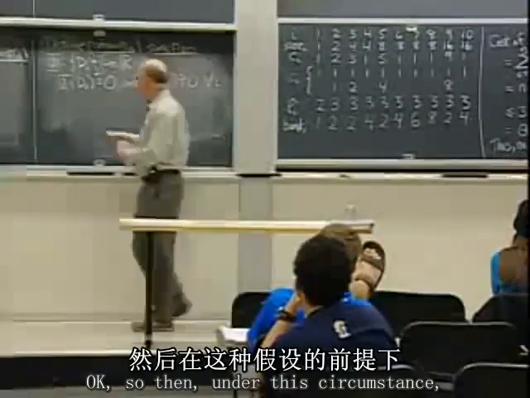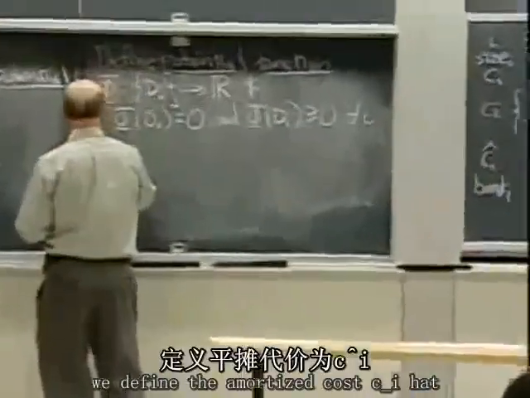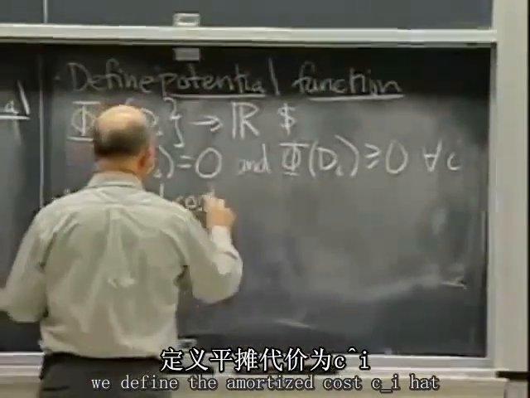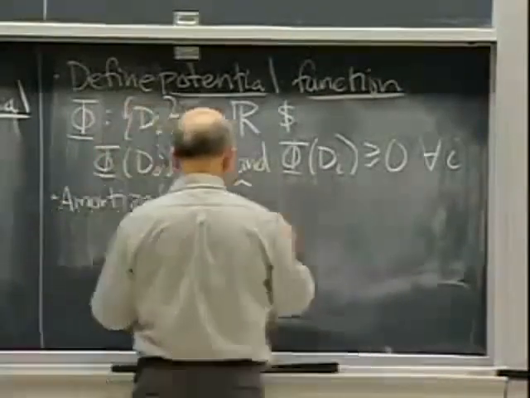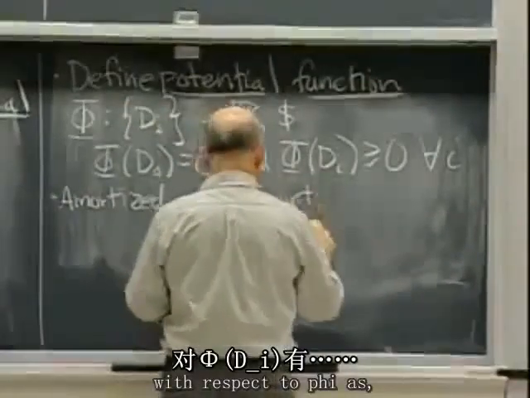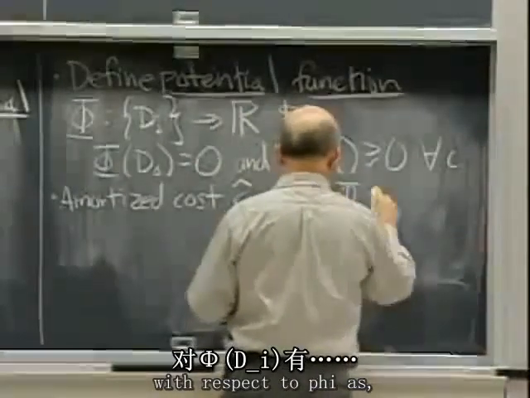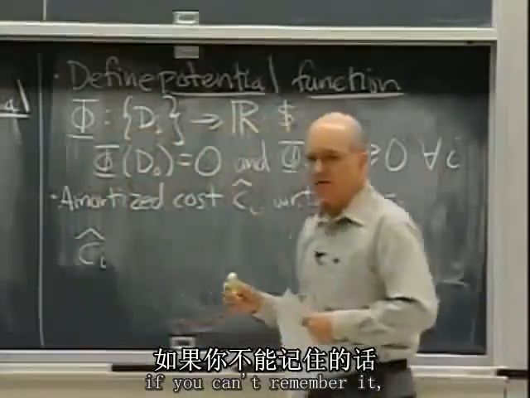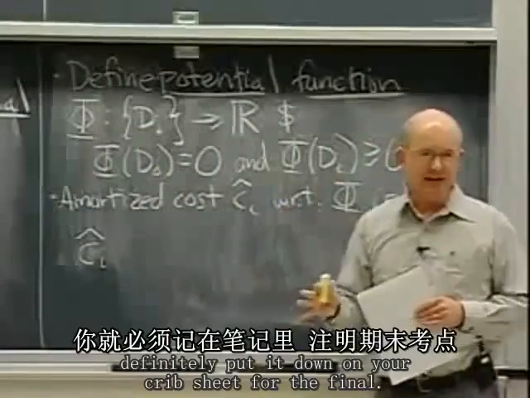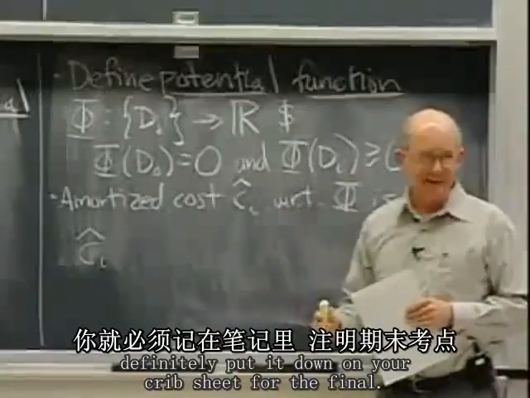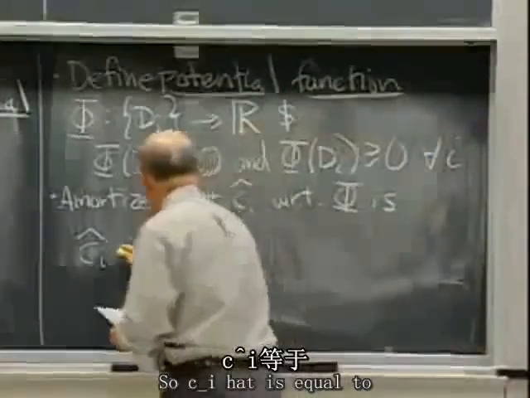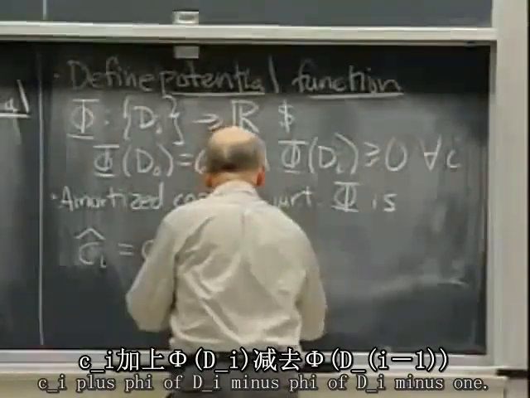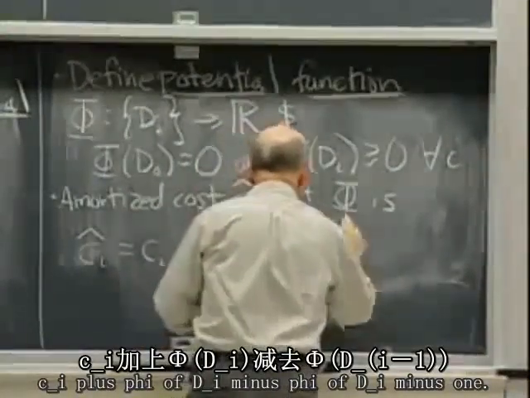So under this circumstance, we define the amortized cost c sub i hat with respect to phi as, and this is one of those formulas that if you can't remember it, definitely put it down on your crib sheet for the final: c sub i hat is equal to c sub i plus phi of D sub i minus phi of D sub i minus 1.